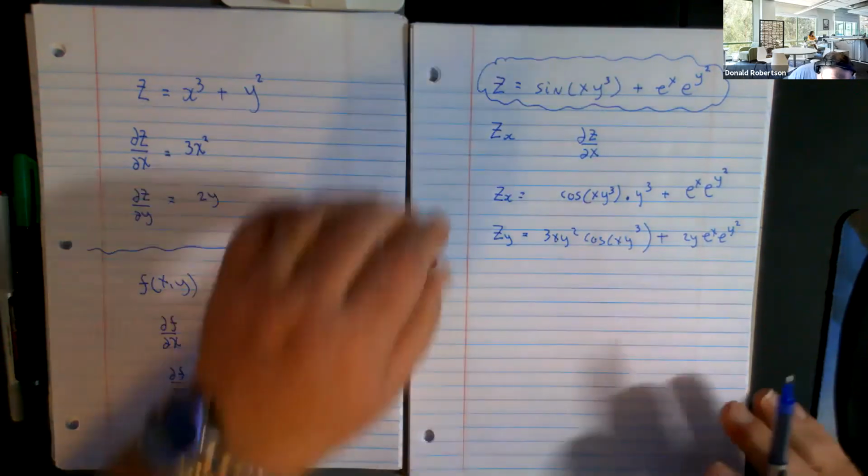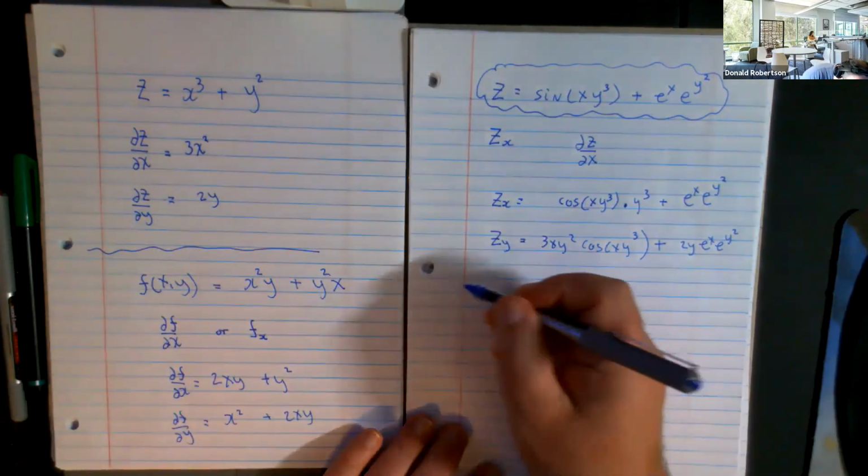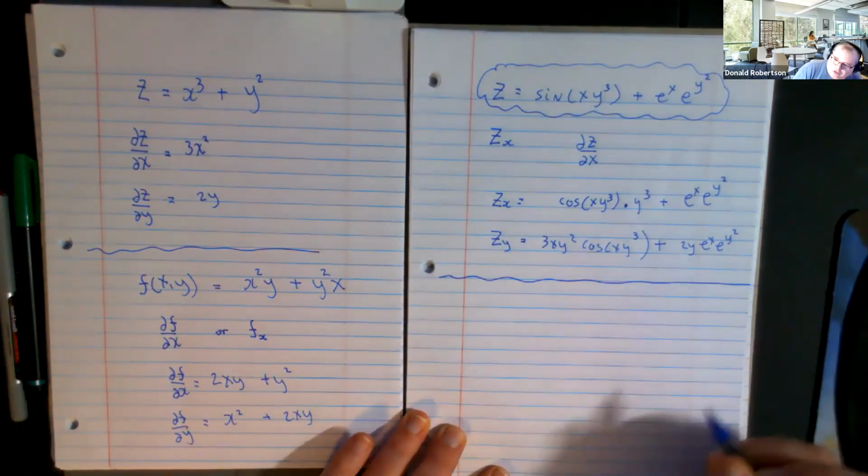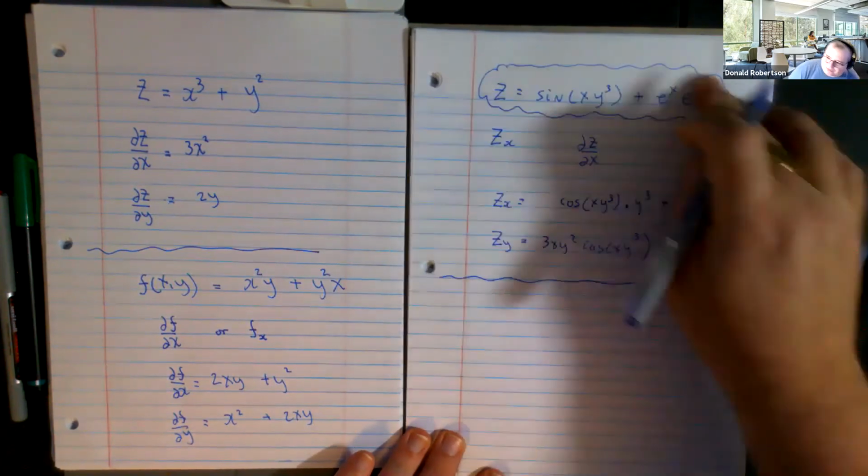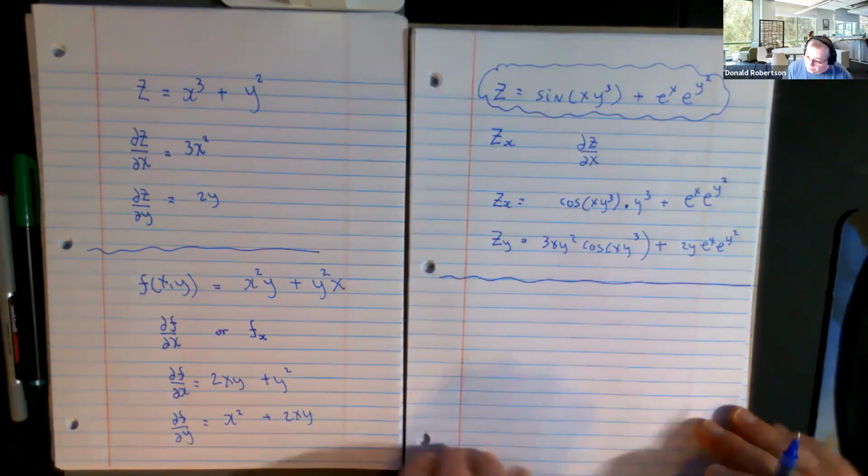Now, let's show you a product rule. So that was partial derivatives where we needed to do some chain rule stuff.